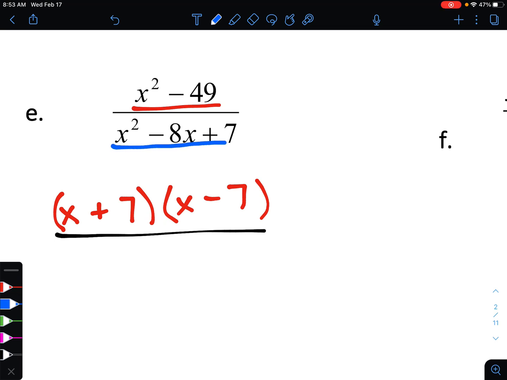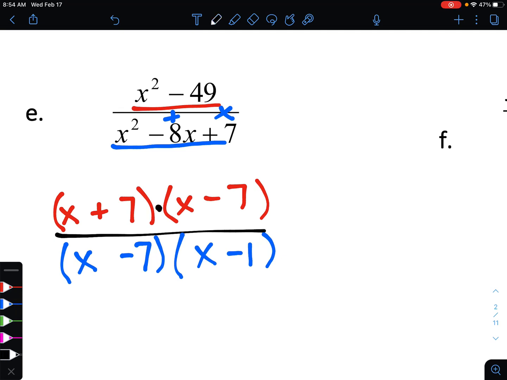As for our denominator, we've got three terms, which tells us we need to start thinking about what numbers multiply to be our constant 7 and also add to be our middle coefficient, which is negative 8. And those two numbers are going to be negative 1 and negative 7. So negative 7 and negative 1 clearly multiply to be 7. They also add to be negative 8. We just need to put x in front of both of those, and now we've got our two factors.